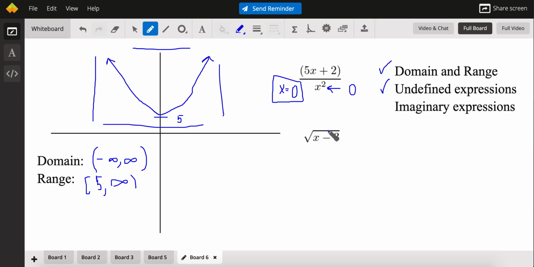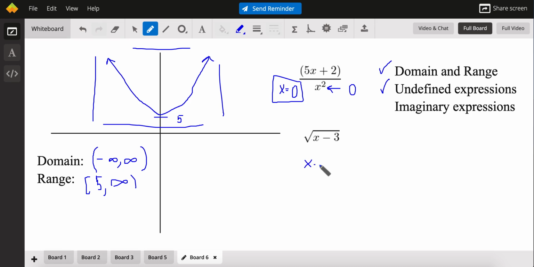The value inside of your radical can't be negative. It can be 0, it can be positive, but it can never be negative. So all you're saying here for an imaginary expression is, what value of my radicand am I not allowed to have? What value of my radicand is less than 0?